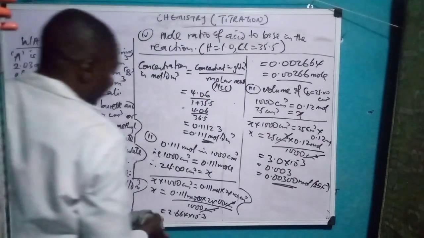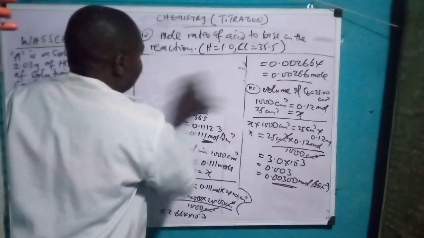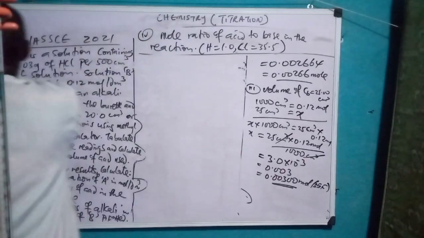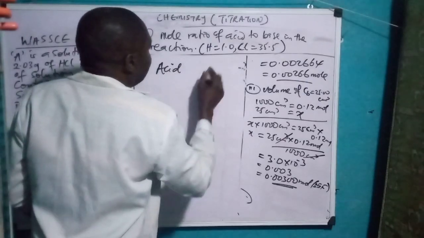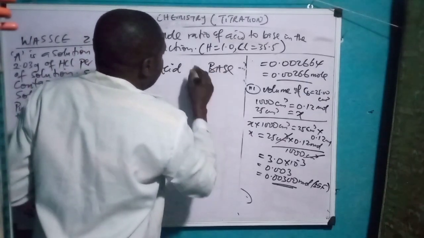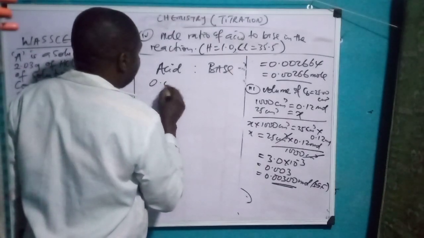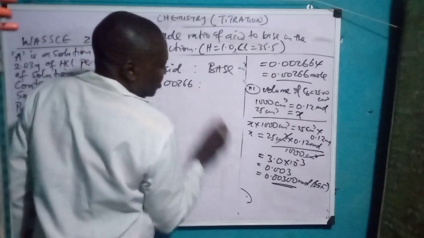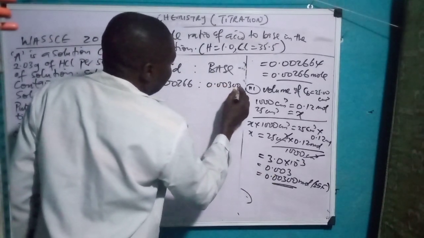Mole ratio of acid to base. Acid is 0.00266 mole. Base is 0.00300 mole.